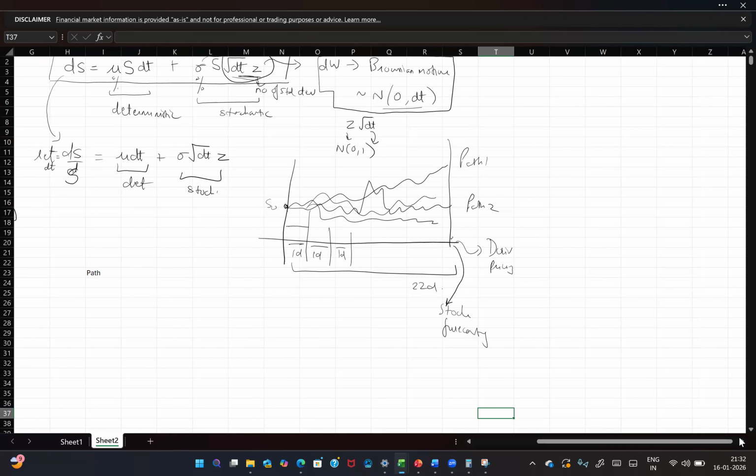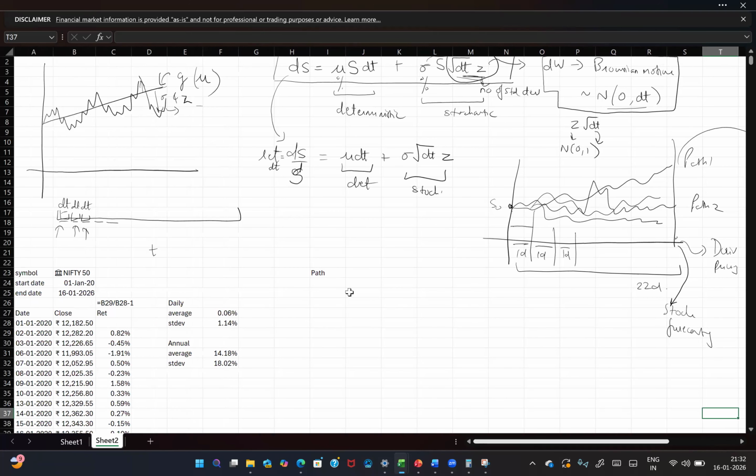For instance, for a plain vanilla call option, a long call, the payoff function looks like max of ST minus K, comma 0. So this is the ST which we are talking about, the stock price. So this is how it looks. So we can do it across the entire path.